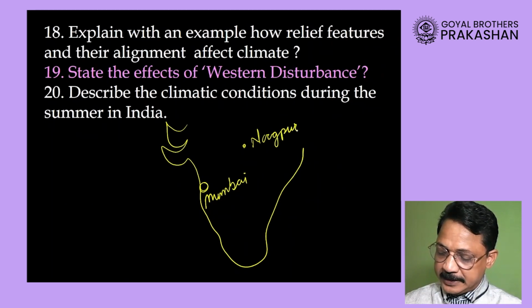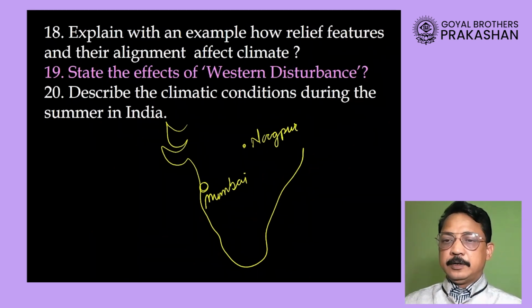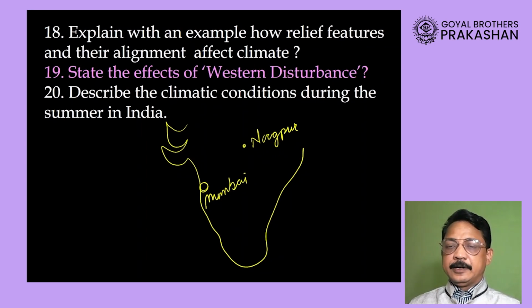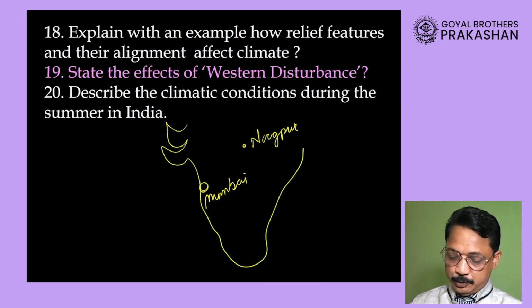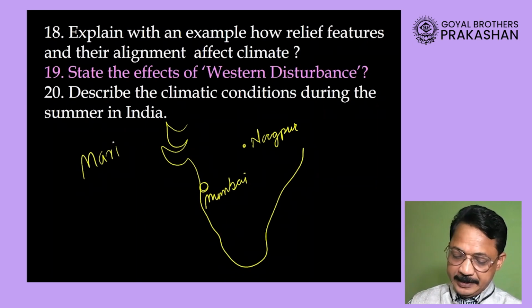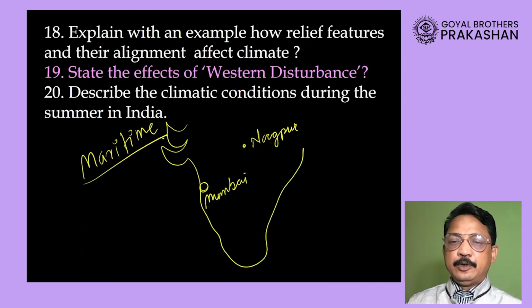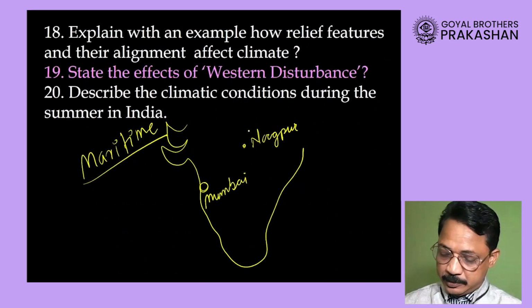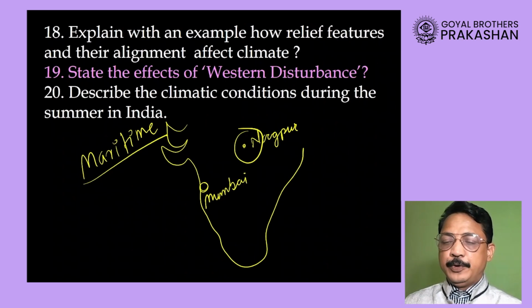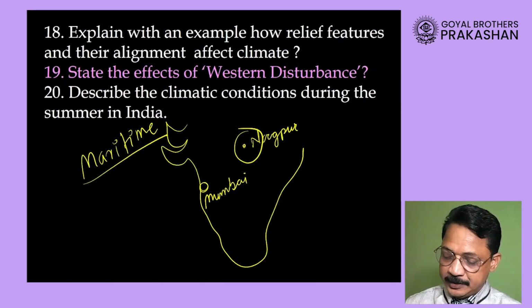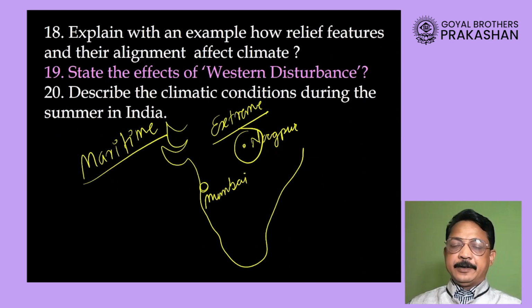So if the question is asked that how the water bodies play important role in climate of India, so you can write down here that the places which are present near the seashore experience maritime climate or equable climate, whereas places located away from seashore like Nagpur, Pune, Bhopal, Jaipur, etc. experience extreme or continental type of climate.